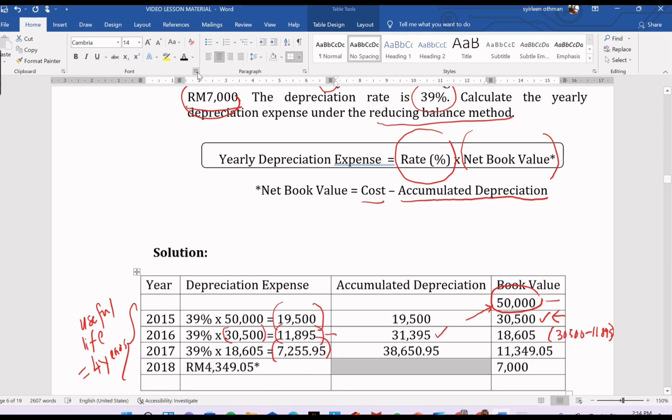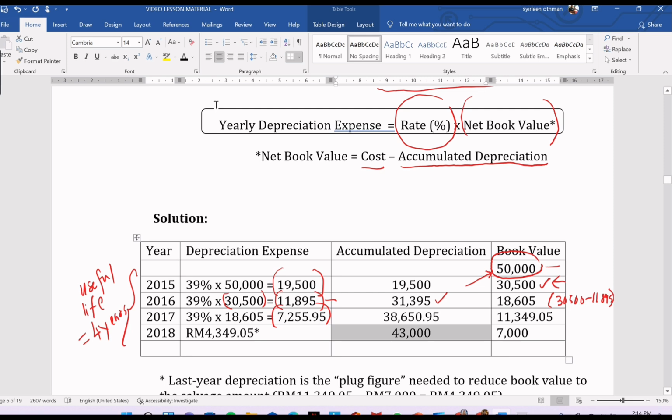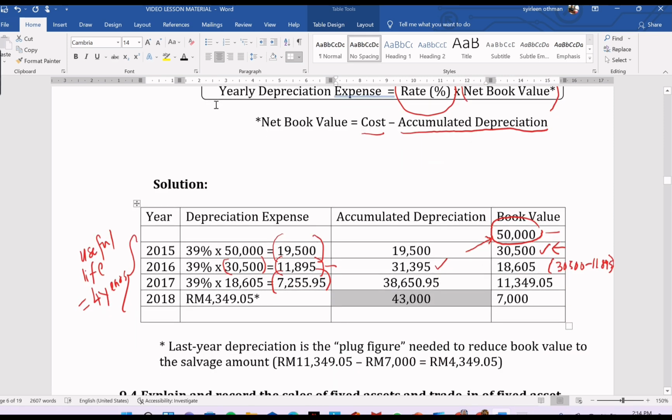And your accumulated depreciation to the year 2017 will be 43,000. Okay, alright. So if you multiply 11,349 ringgit and 5 cents with 39%, I will get the amount of 4,426 ringgit and 13 cents.